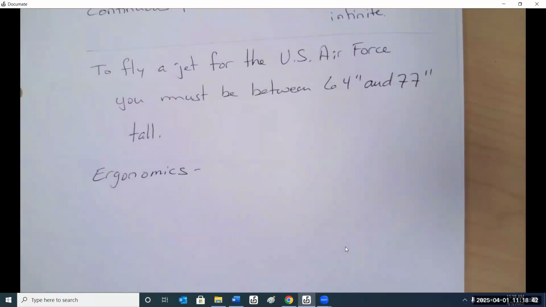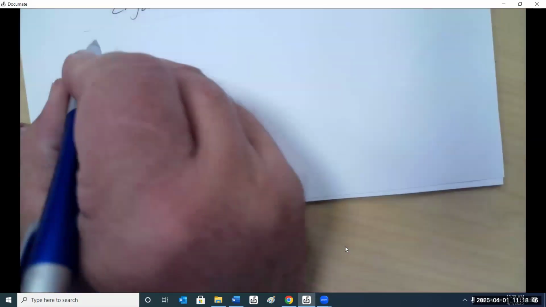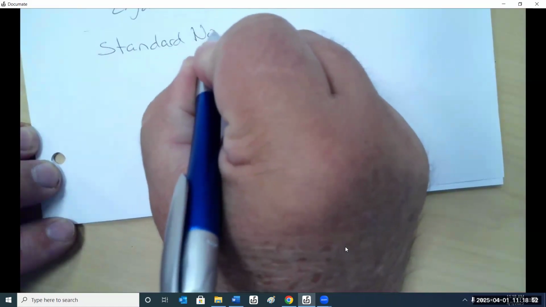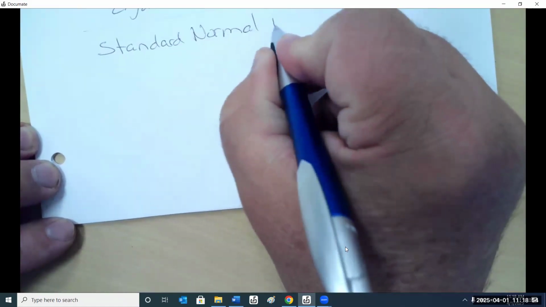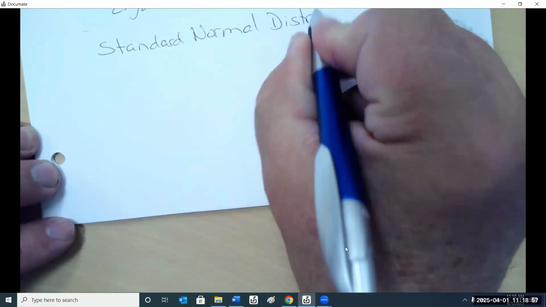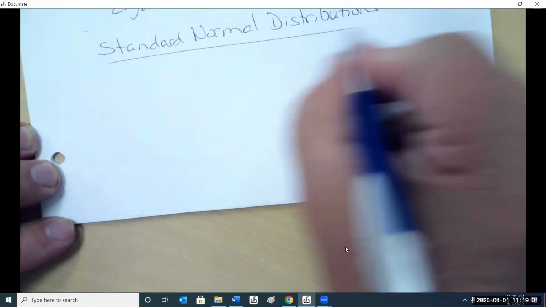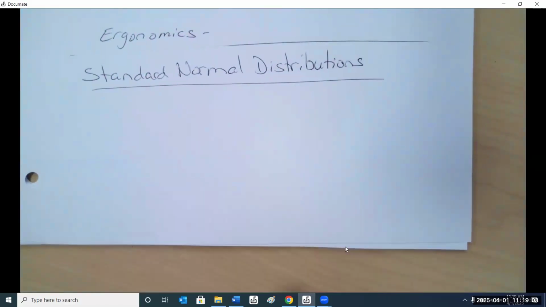All right, so back to this. Standard normal distributions. Here are the parameters.